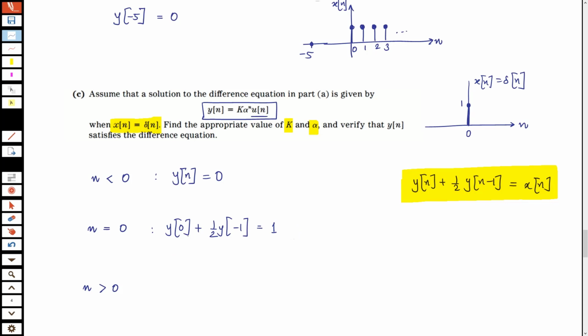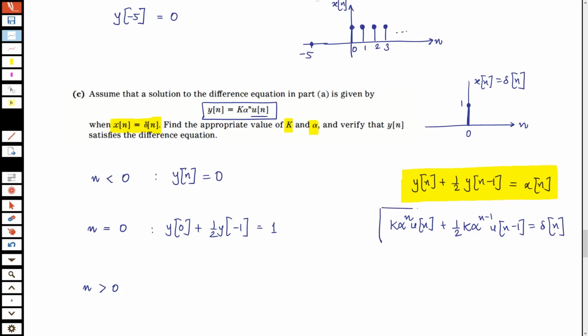So what are we trying to do? We are trying to plug in this value of y in this equation. What would we get? We would get k alpha to the power n u n plus half k alpha to the power n minus 1 u n minus 1 is equal to delta n.